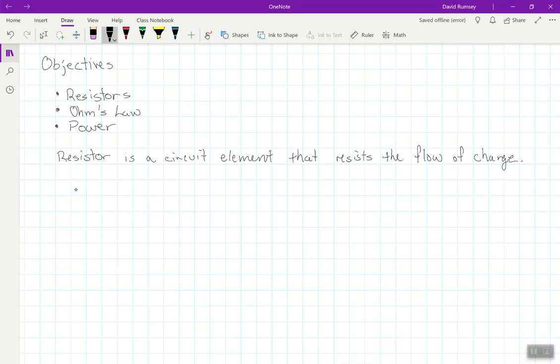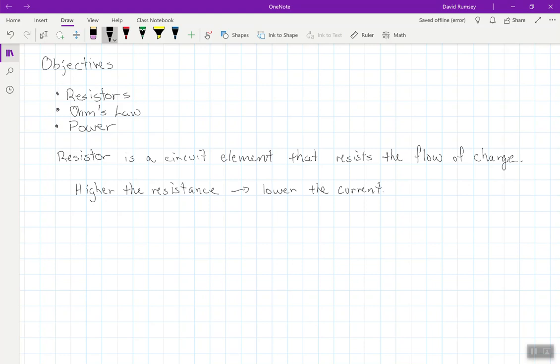So what this means is the higher the resistance, the lower the current. Because if it's resisting the flow of charge, remember, that's actually just our definition of current.